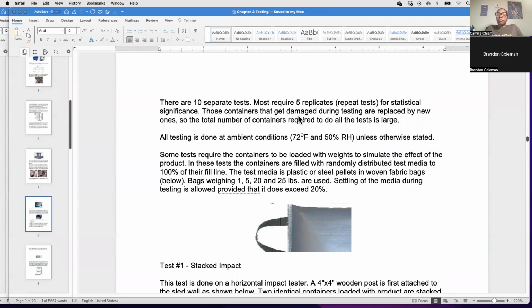Maybe that was a fluke. Maybe the other 4 times it doesn't fail. But if you get a consistent failure, and it's statistically significant, then you know that you have to do something to change your packaging, or change the part to make sure it's more robust and it can withstand the transit environment and the handling environment.